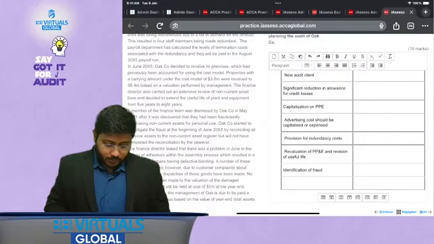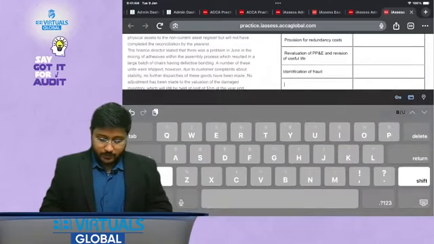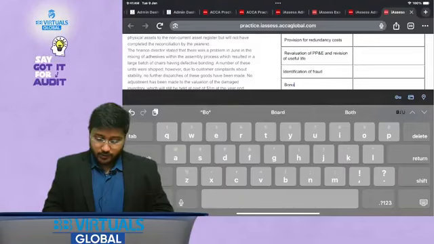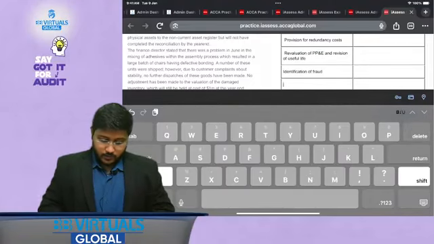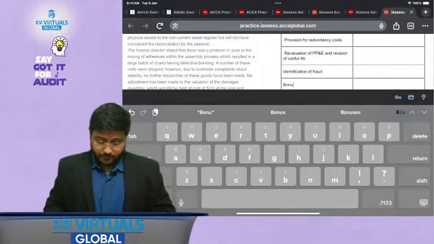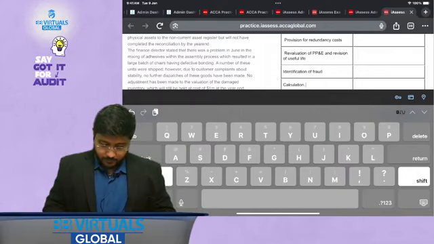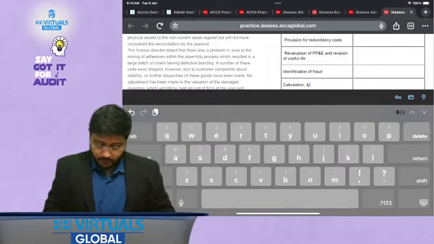Okay, significant bonus on a value of year. So inventory and inventory issues and bonus. So I'll select bonus. Bonus to be mentioned over here. Okay, calculation and eligibility of bonus.